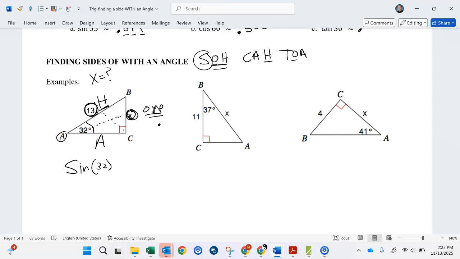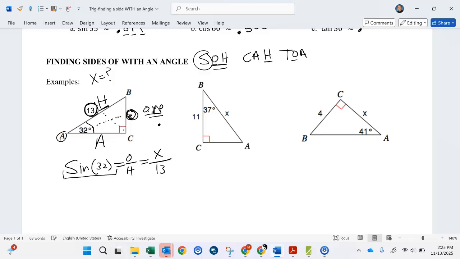So we're going to put a number in there, and that's equal to opposite over hypotenuse. So that's going to be equal to, opposite is x over hypotenuse, which is 13.